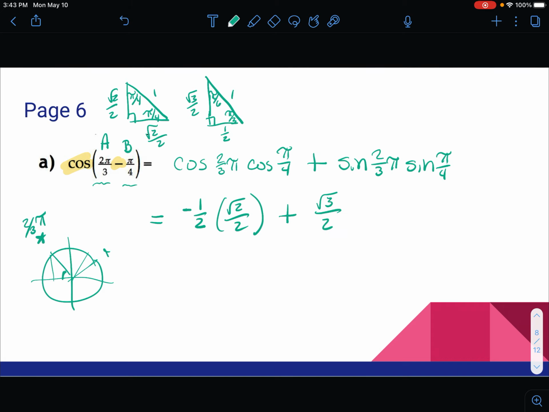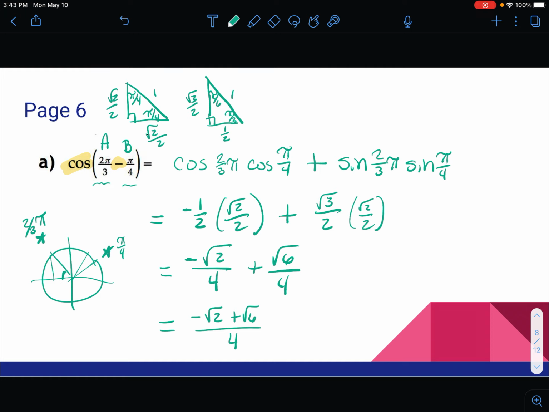Sine of 1/4 pi, again in the first quadrant, is a positive radical 2 over 2. So this becomes negative radical 2 over 4 plus radical 6 over 4, and I can combine those fractions with the same denominator. I can put that all over 4, and this is my answer.